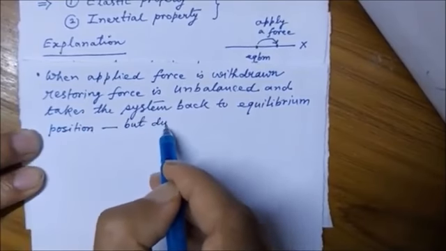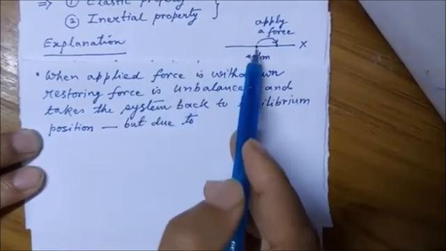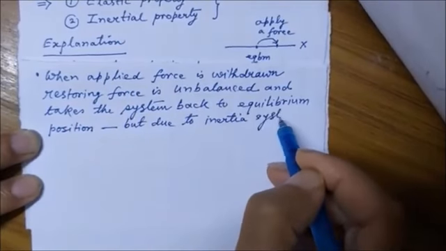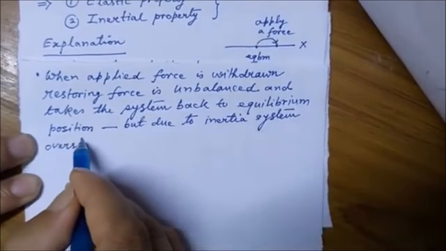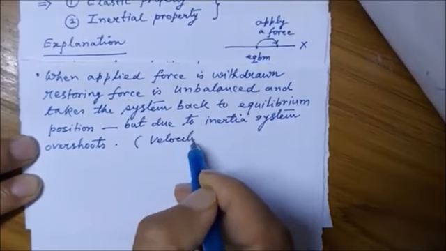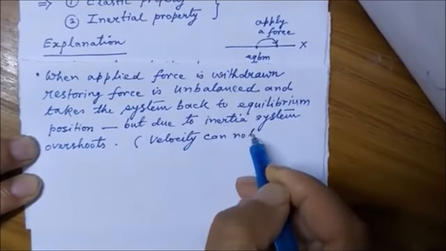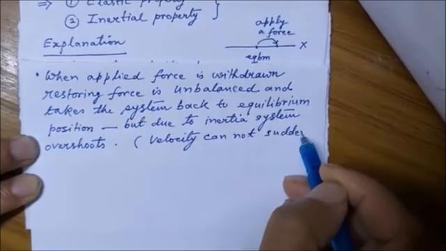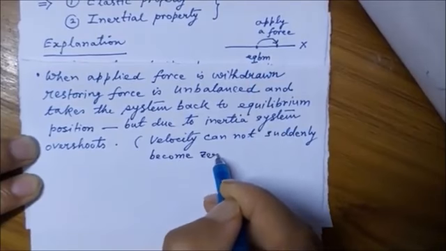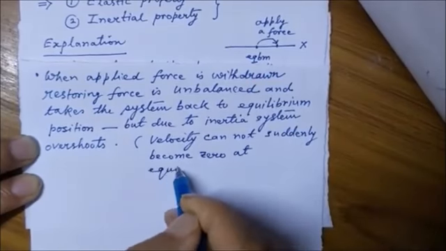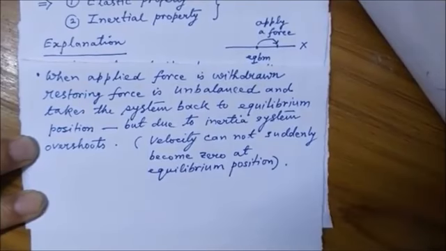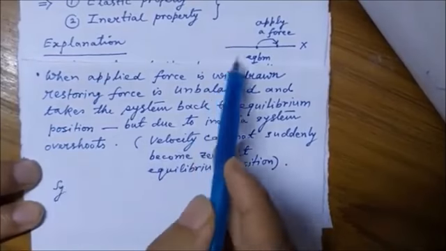But due to inertia, the system will overshoot. Actually, velocity cannot suddenly become zero at the equilibrium position. So now the system moves to the other side.